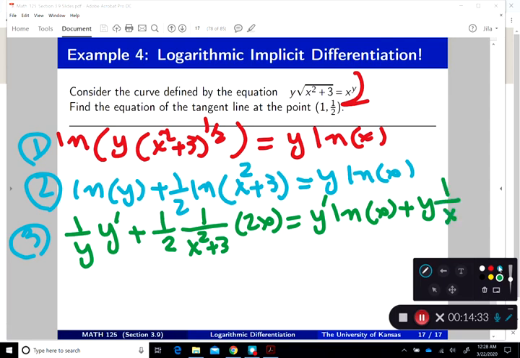Now, the next step is that I want to make sure I'm solving for y prime. So I have to put y prime on one side and everything else on the other side.